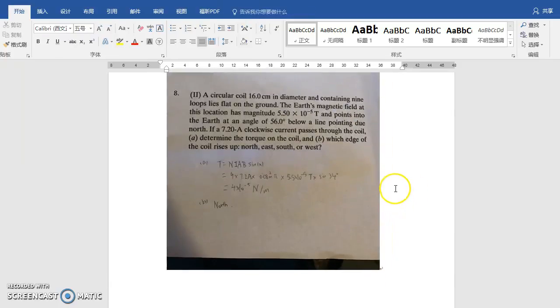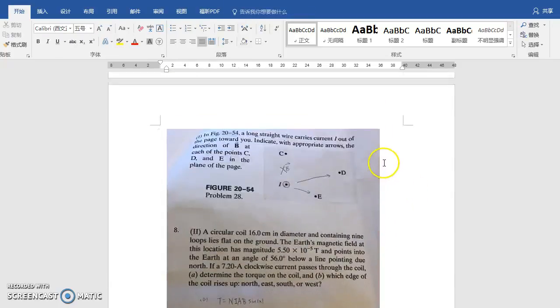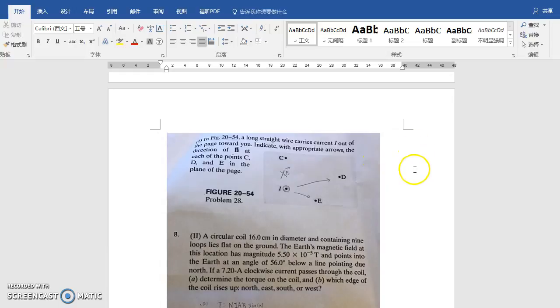And question 7 is about the direction of the magnetic field. The current is coming out of the page, and we use the right hand rule to hold the current, and the magnetic field is towards the right side.